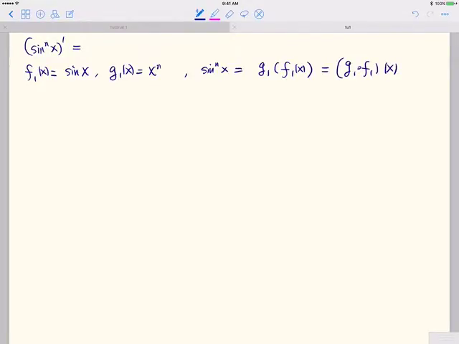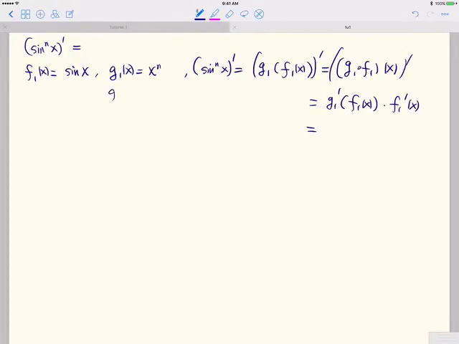Pretty simple, straightforward, right? So the derivative of this one is just equal to g1 prime at f1 x times f1 prime at x. So g1 prime, what's this one?